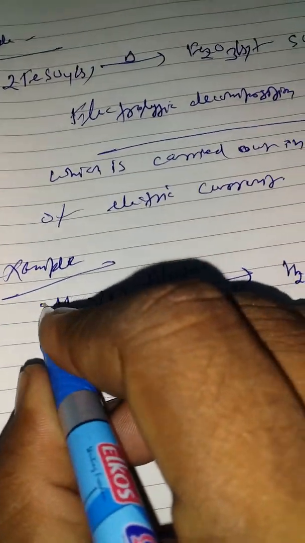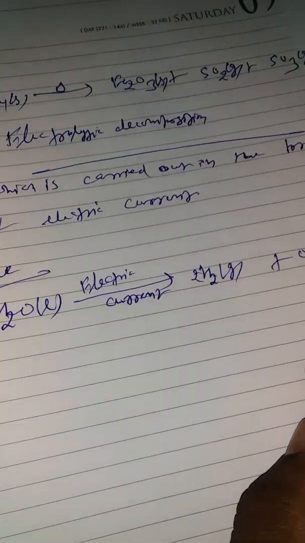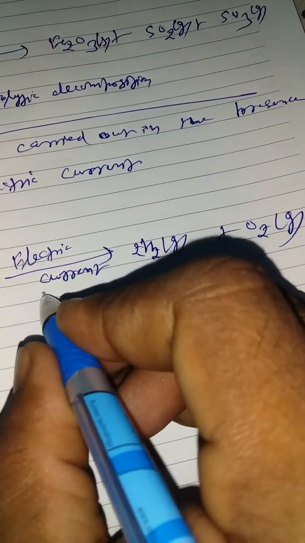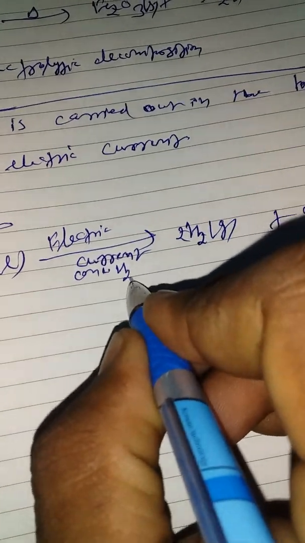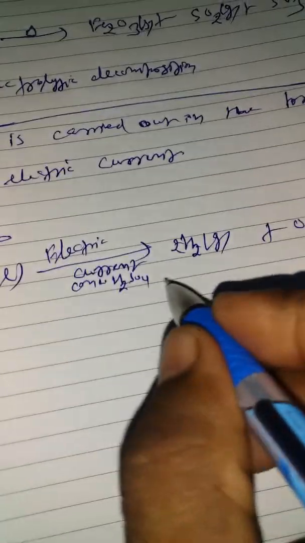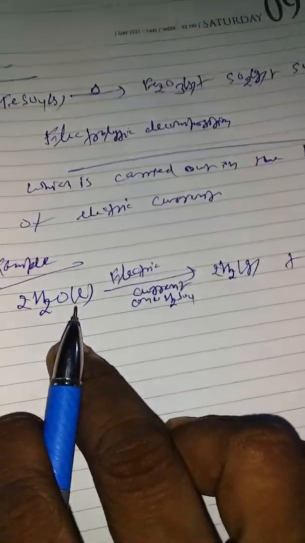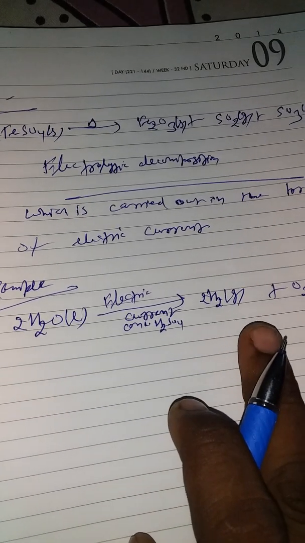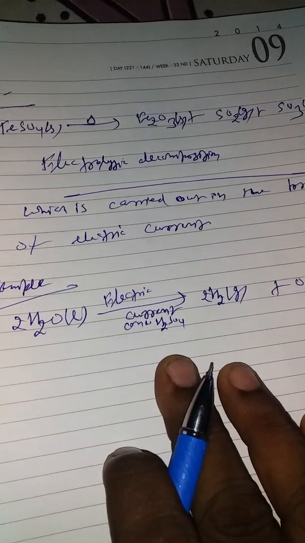For balance, 2 molecules of H2O give 2 molecules of H2, in the presence of conc. H2SO4, because distilled water does not dissociate into hydrogen as well as oxygen gas. So we take conc. H2SO4.